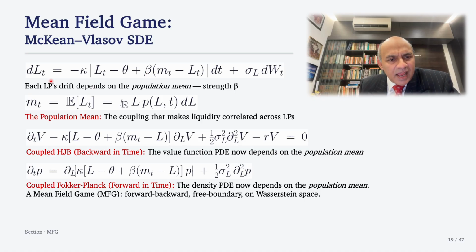The population mean M, which is the expectation of L, is the average liquidity state computed from the density P of L,t. So we have the coupled HJB backward in time, and the value function PDE now contains M, and also the coupled Fokker-Planck forward in time, and this density PDE also contains M. So this is the coupled system, and this is the mean field game.